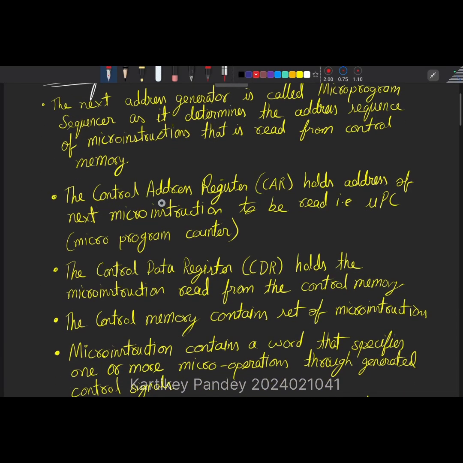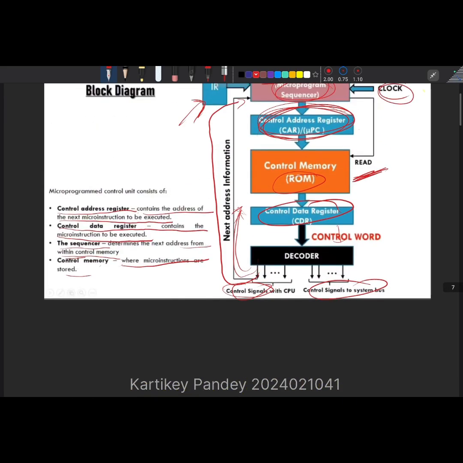And then the control address register CAR holds the address of the next micro instruction to be read, that is the microprogram counter. This symbol denotes micro. The control data register CDR holds the micro instruction read from the control memory. We have already discussed this, that it reads the instruction from the control memory and holds it.